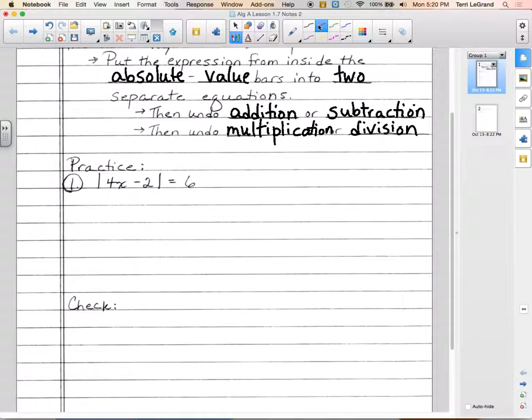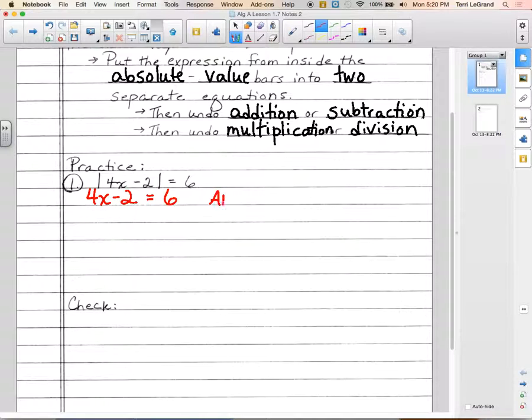So we can set the 4x minus 2 that are inside those bars. We can get rid of the bars because we're now saying, okay, we're going to set it equal to things that have that distance. Well, 6 has that distance, so we set it equal to 6.